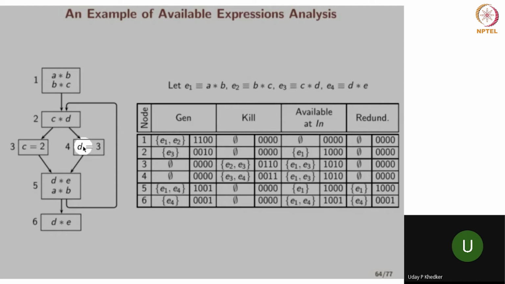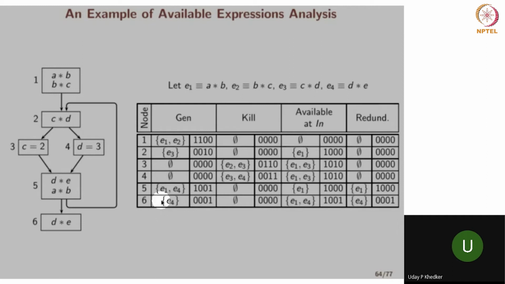Basic block 4 contains an assignment to D. D is a part of E3, and D is an operand of E4 as well. So basic block 4 kills the availability of E3 and E4. Basic block 5 generates the availability of E1 and E4 and does not kill availability of any expression.